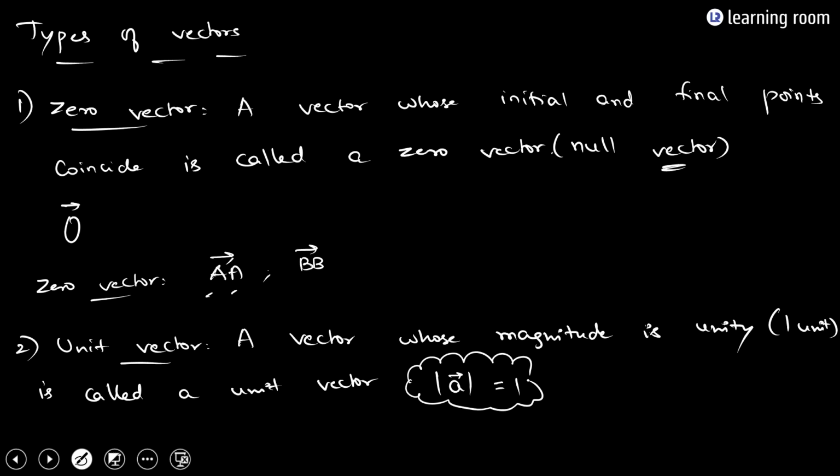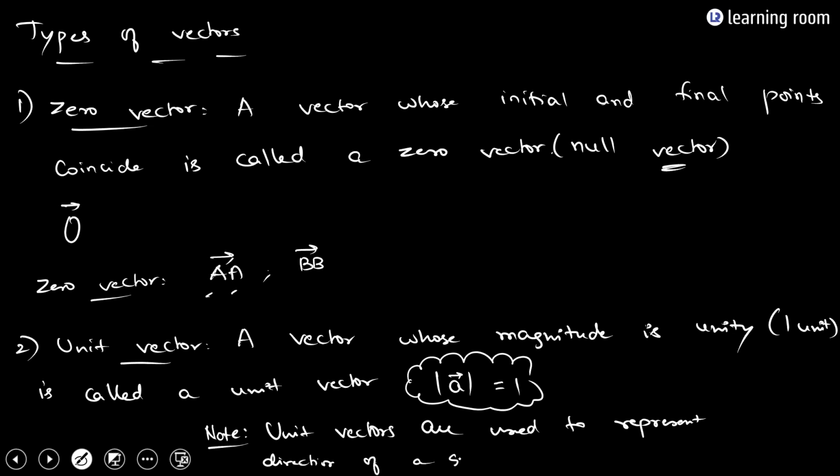So, magnitude of a vector and the most important significance, a point to be noted, is that unit vectors are used to represent the direction of a given vector.